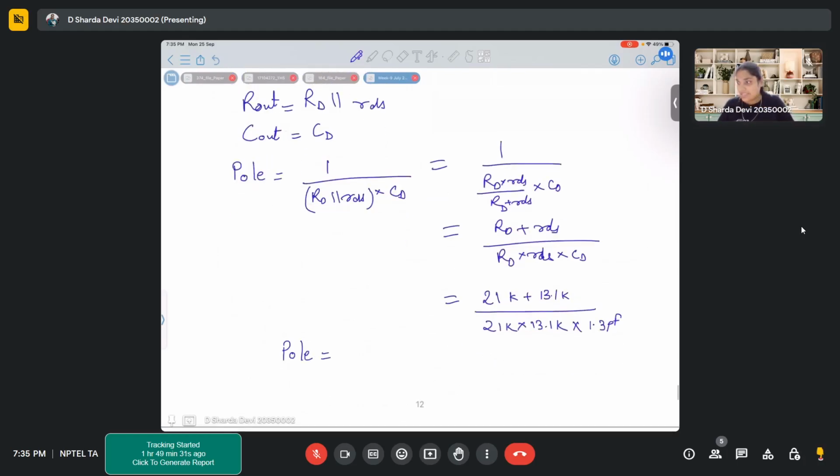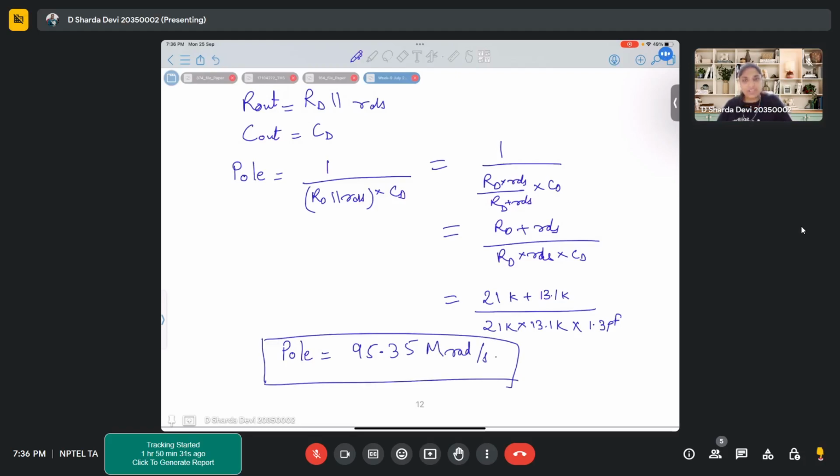So the pole value is 95.35 mega radians per second.